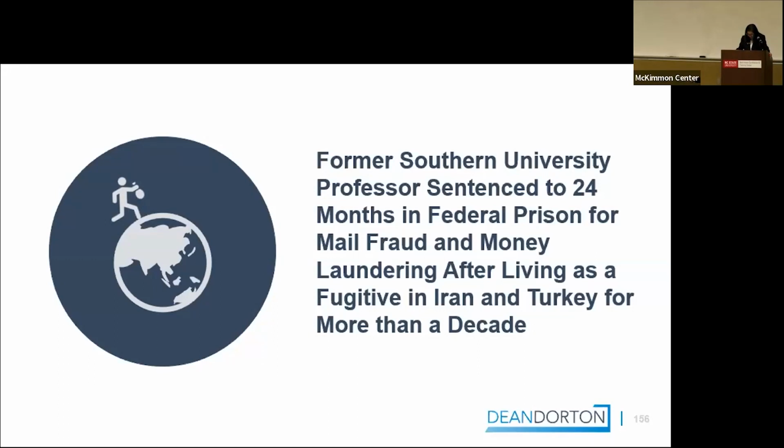He was an associate professor at Southern University, and he tried to raise money for an unrelated business venture in Iran. He had a codefendant, and the two of them worked together to submit fraudulent equipment quotes to the university with fictitious vendors. They would create fraudulent computer equipment purchase requests, purchase orders, and prepare fraudulent quotes in the name of shell companies and cause those documents to be approved and paid.